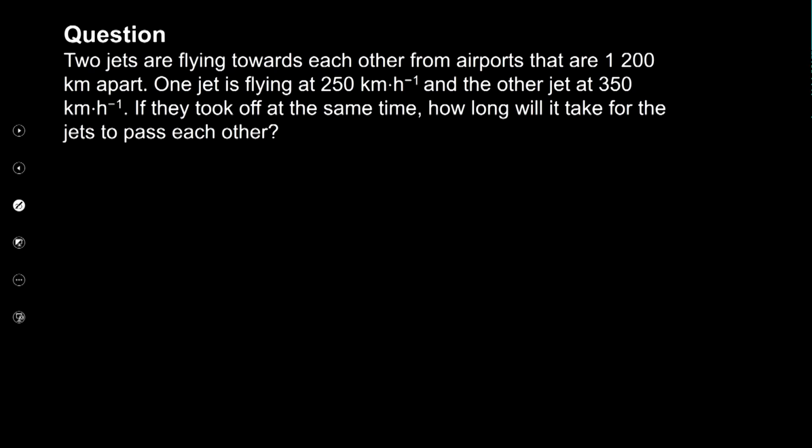So in simple terms, I will quickly say D1 is equal to 250 multiplied by T, and D2 is equal to 350 multiplied by T. If I add these two, I must get 1,200.